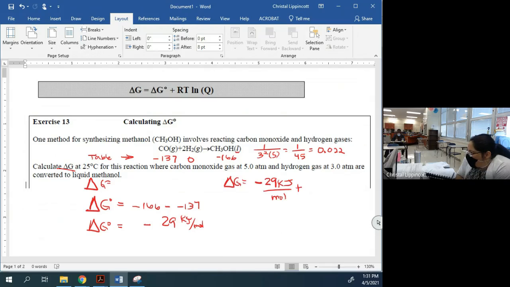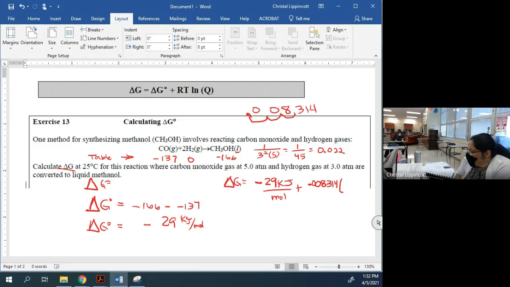Remember our R value, though, before we start working with it: since this is in kilojoules, we need to get our R value into kilojoules. It was 8.314, so we've got to move it over 3 spots. 1, 2, 3, and fill in the zeros, so 0.008314. That gets it into kilojoules so that we are per kilojoule, so we can cancel that.